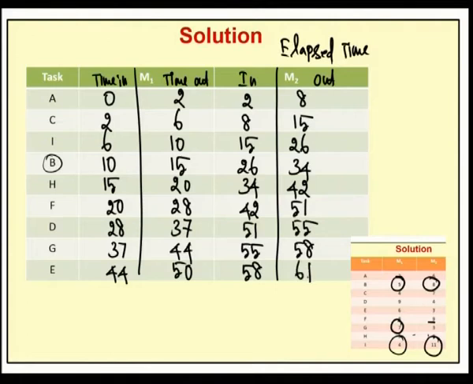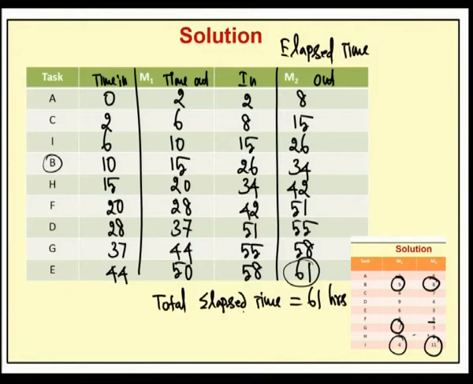So for the machines M1 and M2, the total minimum elapsed time is 61 hours, because 61 is the time in between starting the first job and finishing the last job. So for this problem, total elapsed time is 61.